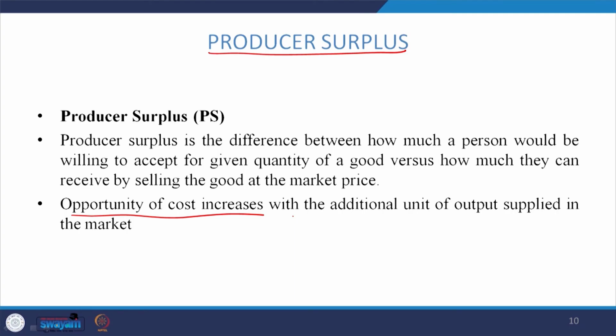Let me just briefly conclude what I had discussed in this topic so far. I explained to you two concepts, one is consumer surplus and the other is producer surplus. Producers also get surplus. When a producer supplies a particular product in the market, he will supply at a minimum price.